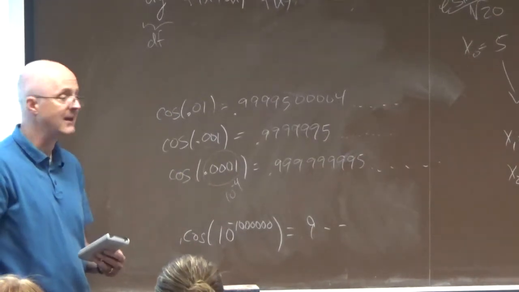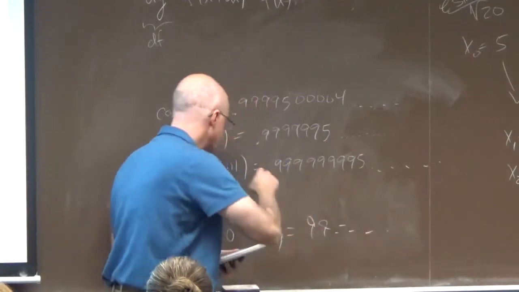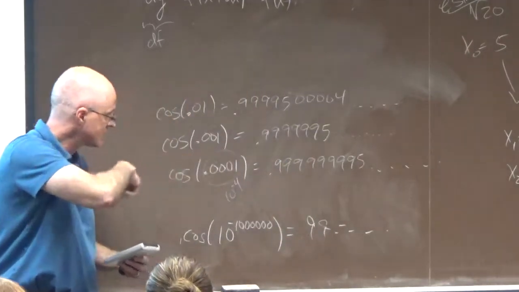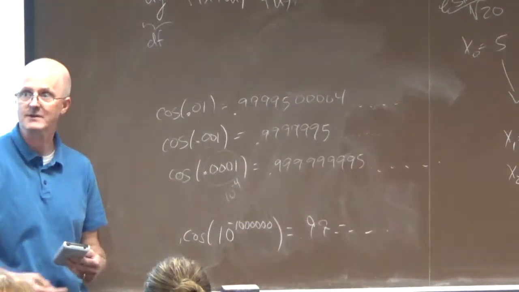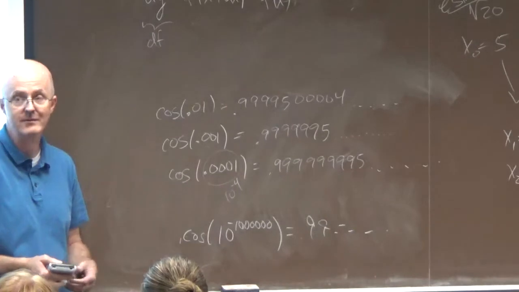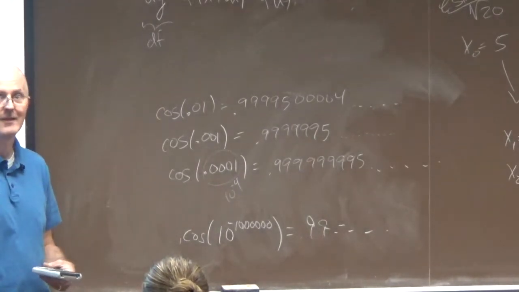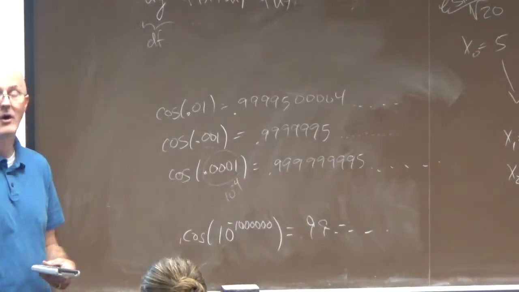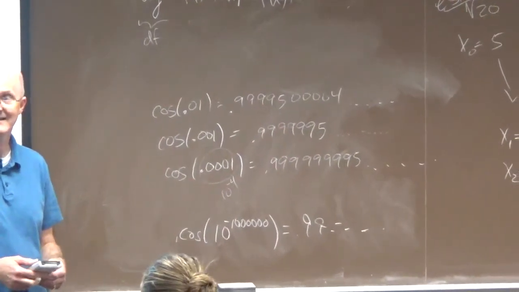It would not equal 1 exactly, but it would be so close. I'm sure there'd be probably billions or trillions or quadrillions of 9s or something like that before you reach the first thing that was not a 9. Maybe even more. Probably even more. Maybe a googol of 9s. Maybe even more before you reach the first number that's not a 9.